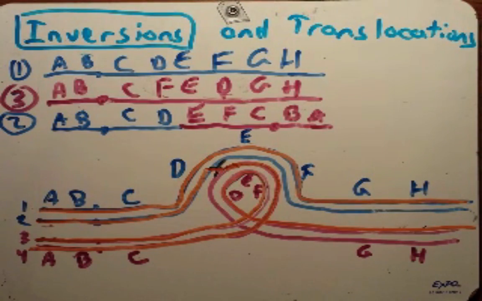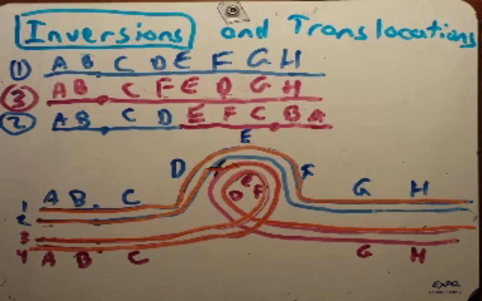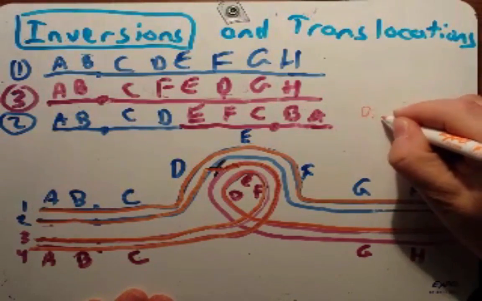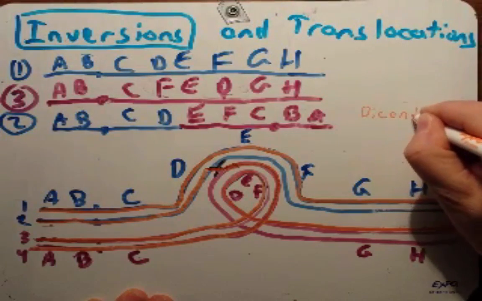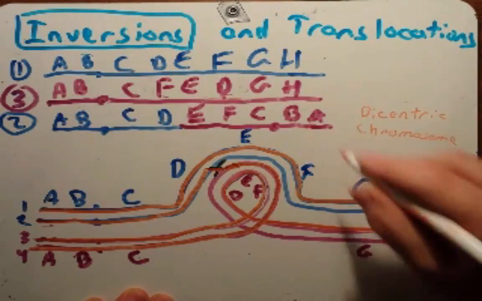As I said before, it didn't really matter which one we started with, 2 or 4, because they all end up together because of the crossing over at this loop. And as you notice, we have 2 centromeres. So we call this a dicentric chromosome. And I'll come back to that in just a moment.